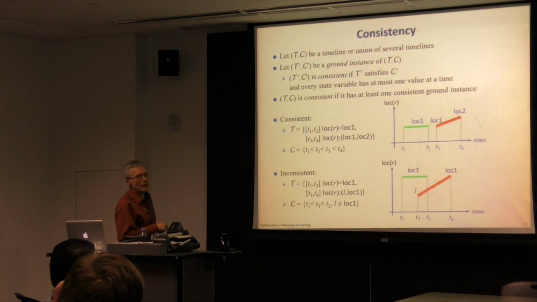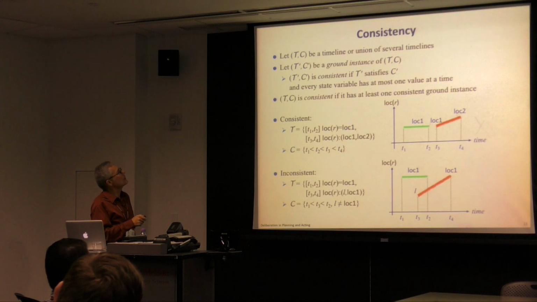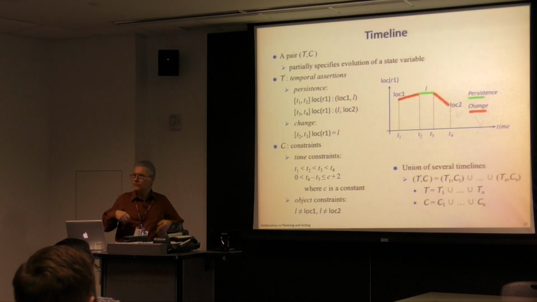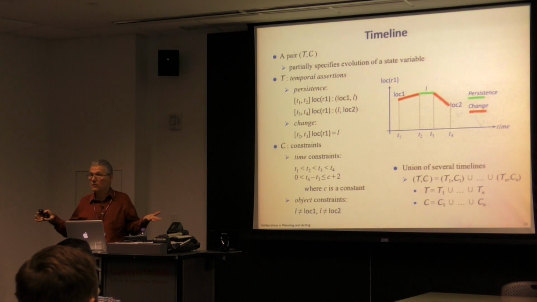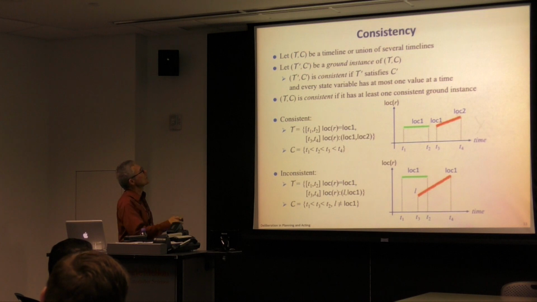So one property that is important is consistency. If you have a timeline or a union of several timelines, remember this has some uninstantiated variables in it, so we can take ground instances of it. Suppose we have a ground instance.